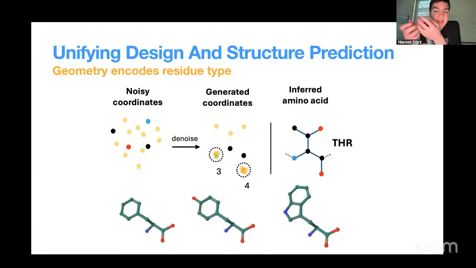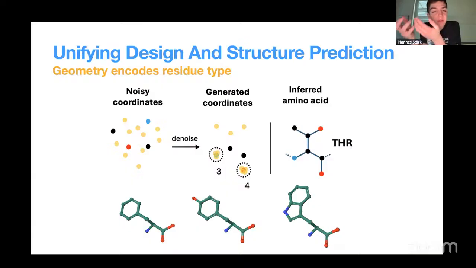This way, the model will not be reasoning about some abstract logits or implicit representations of what these residue types would be and what their meaning is, but rather, for example, if we're generating a tyrosine, like this tyrosine in the middle, then we would be placing an aromatic ring there.